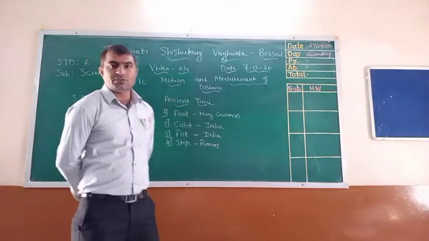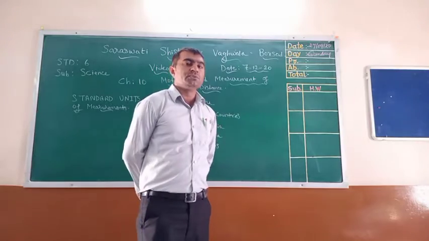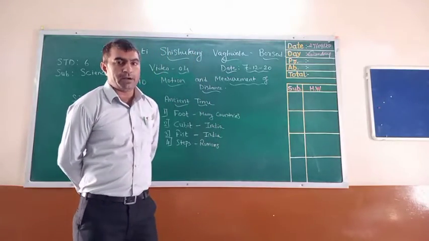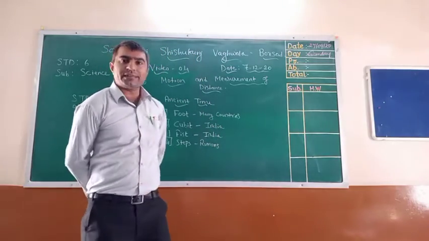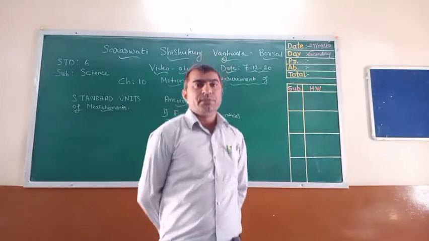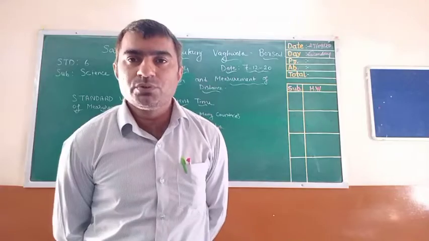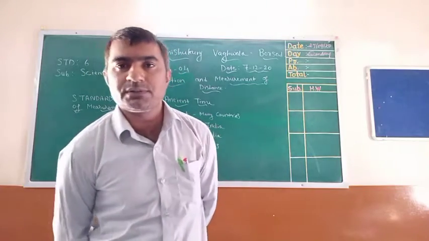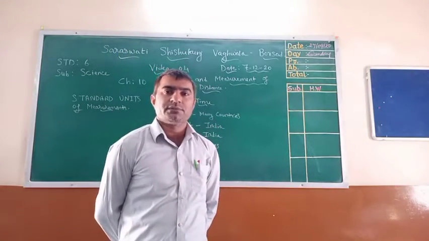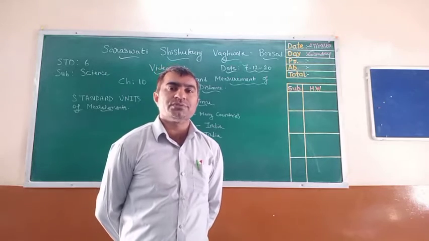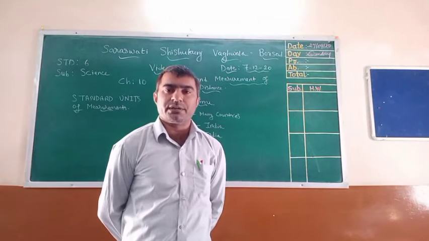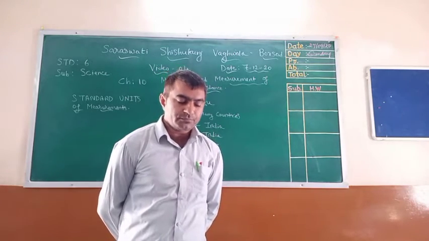If you see in ancient time, people used various body parts to measure any distance. In ancient time, people of different countries used various body parts to measure the length of any object. Right.